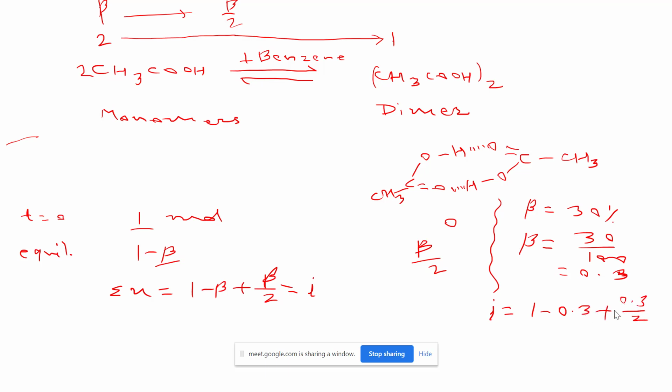Solving it, you get the value of i that is less than 1. This is the way we calculate the van't Hoff factor for association or dissociation, for strong electrolytes, weak electrolytes, and so on.